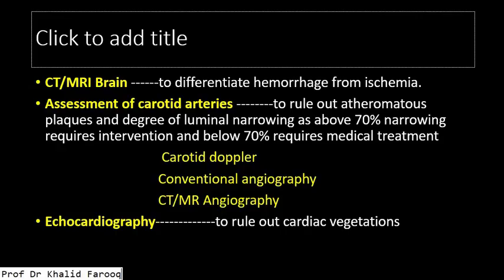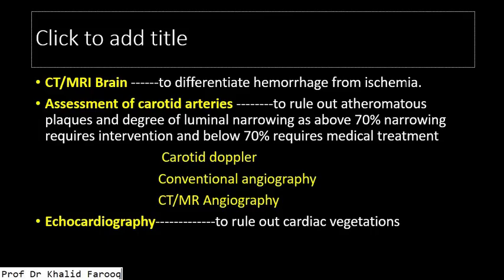And after assessment of the carotid arteries, we have to rule out cardiac valve vegetation with the help of echocardiography. So basically we have three targets. Number one, we have to see the brain either with the help of CT or MRI to differentiate hemorrhage from ischemia so that we could proceed with the appropriate treatment.